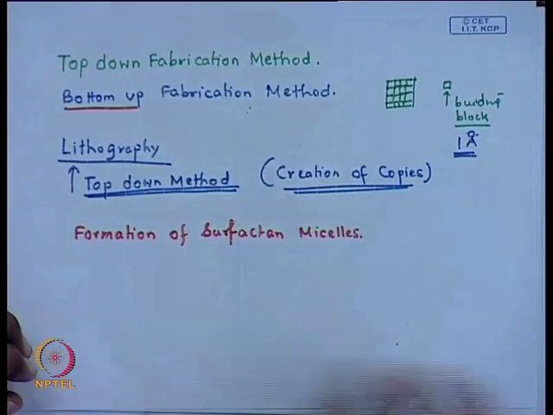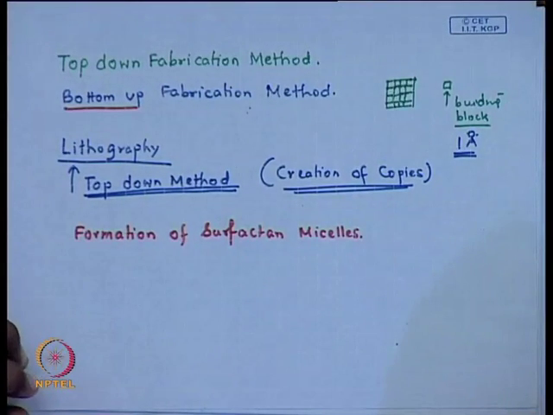Many of us probably also know that in soaps and detergents, the basic building block is the surfactant molecule. I will just take a minute to give you a brief idea what a surfactant molecule looks like, and since you have already discussed some ideas regarding hydrophobicity and hydrophilicity, you will immediately understand what happens.